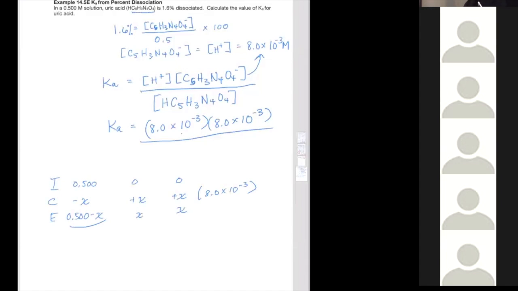So here, when we do this at the bottom, we're going to have to take into account that this changed at equilibrium by this amount here. So calculating Ka then from that, we get 1.3 times 10 to the negative fourth.